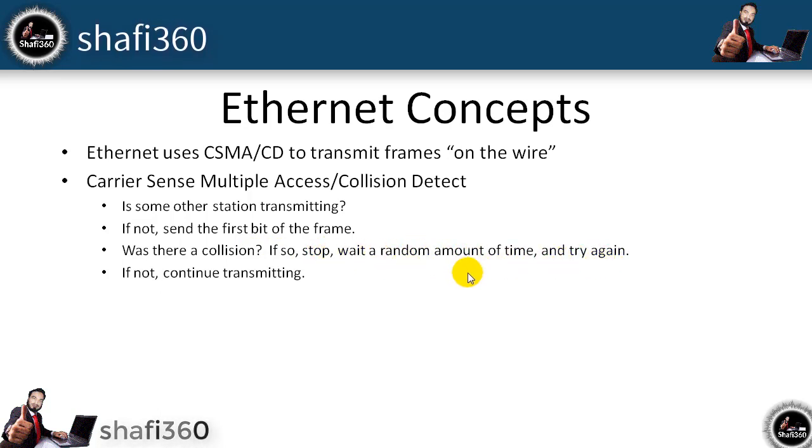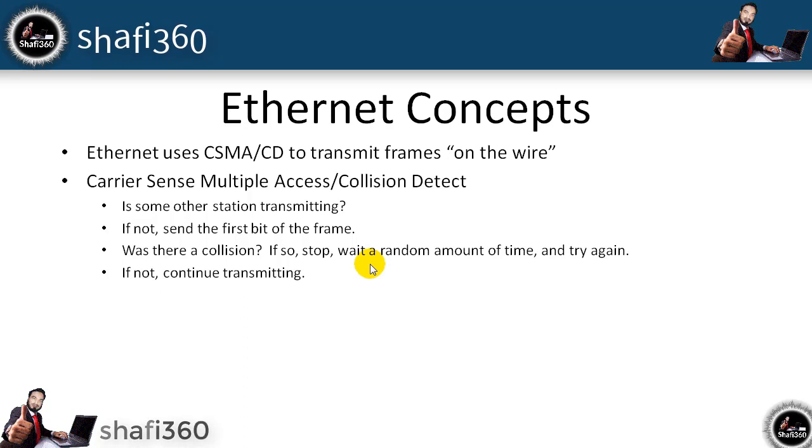Now, this random amount of time is really the heart and soul of the collision detection algorithm. If there were a standard amount of time that a workstation waited in the event of a collision, then you would simply have each workstation backing off, waiting the same amount of time, and trying again. Instead, each workstation backs off, waits a little bit for the other workstation to finish sending its data, and then tries to send its data again.